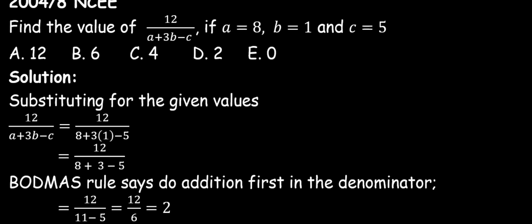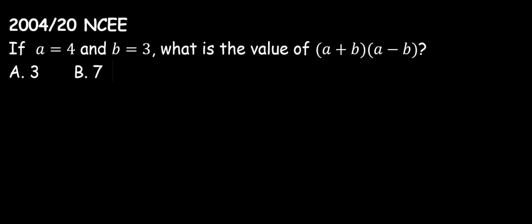Another example. If A is equal to 4 and B is equal to 3, what is the value of (A plus B) into (A minus B)? The options are given. A is 3, B 7, C 12, D 28, E 49. Solution.